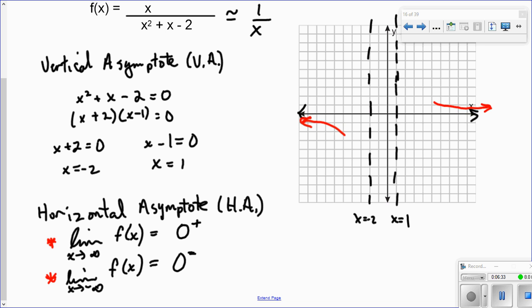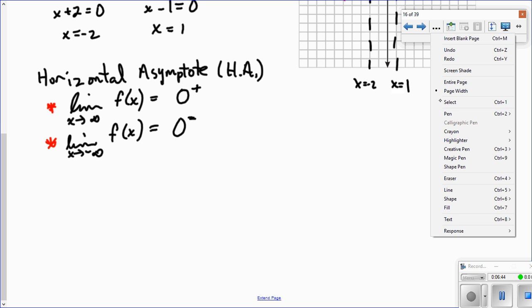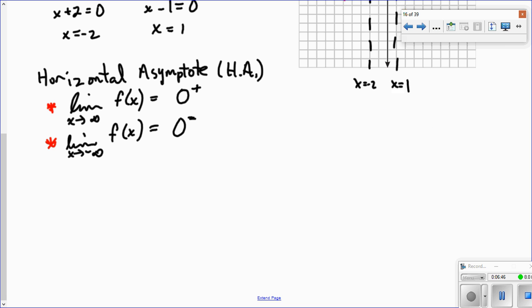I should talk about the behavior of the function at my asymptote, just to classify that behavior near the asymptotes. Since I have two asymptotes, I want to define the behavior on both sides of the asymptotes.